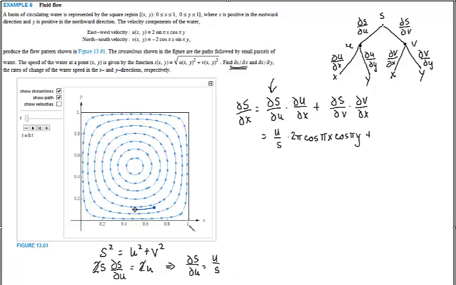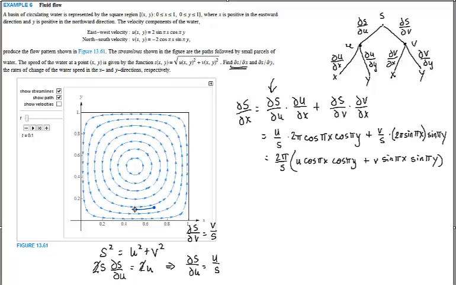The partial of s with respect to v is going to be v over s in this case, if you do that same set of computation. So this one's going to be v over s, and then I'm going to take the partial of v with respect to x and write that down. Alright, it seems though no matter what I do, it's going to be pretty ugly. I can write it as 2 pi over s, because both of them have that in there, and then write the rest as I factor that out.